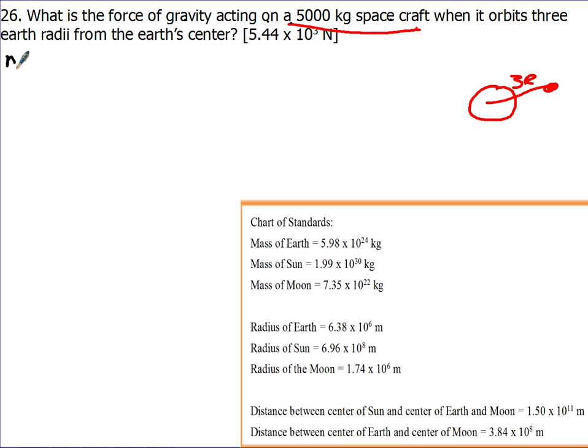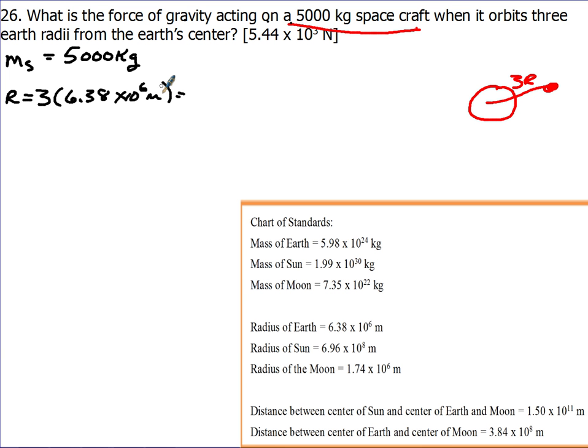So I have the mass of the satellite is 500 kilograms. And what is the radius? The radius is 3 times the radius of the Earth. What's the radius of the Earth? 6.38 times 10 to the 6 meters. So let's go on and do this.